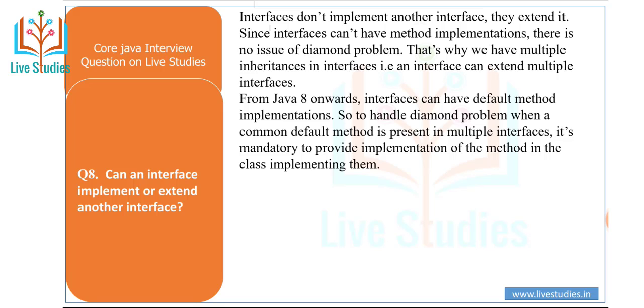An interface can extend multiple interfaces. From Java 8 onwards, interface can have default method implementation, so that handles the diamond problem. When a common default method is present in multiple interfaces, it is mandatory to provide implementation of the method in the class implementing them.